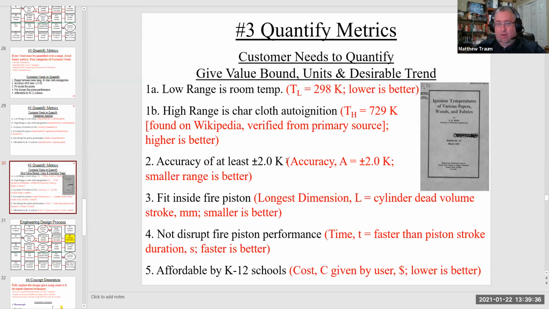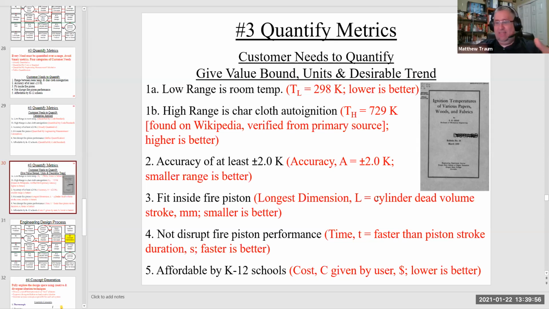The accuracy is already quantified, so I'm just going to take that right through from the customer needs statement into my quantitative metrics. Fits inside of the fire piston. Well, I want the longest dimension of the sensor. And of course, I want that longest dimension to be as short as possible. And that longest dimension cannot be longer than the dead volume of the piston.